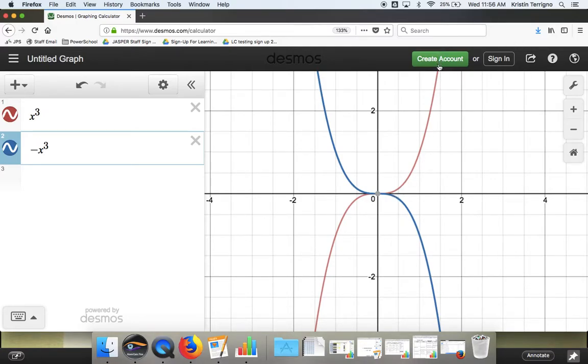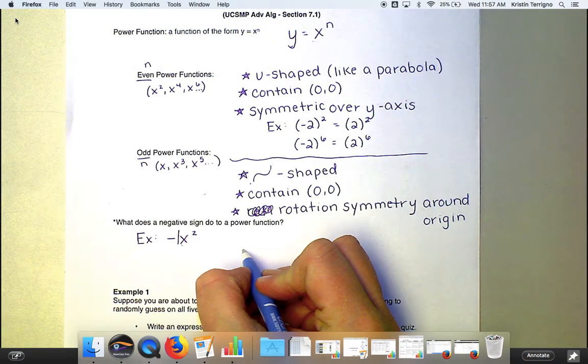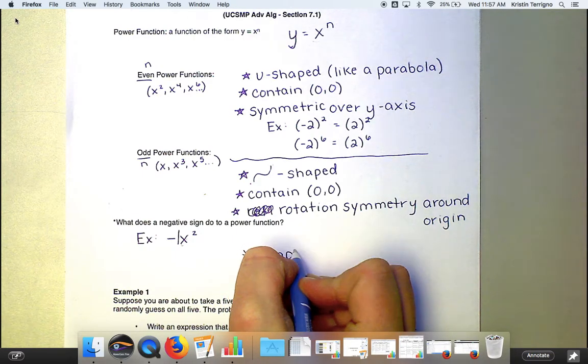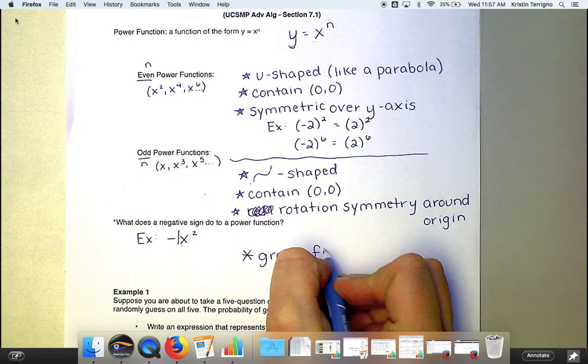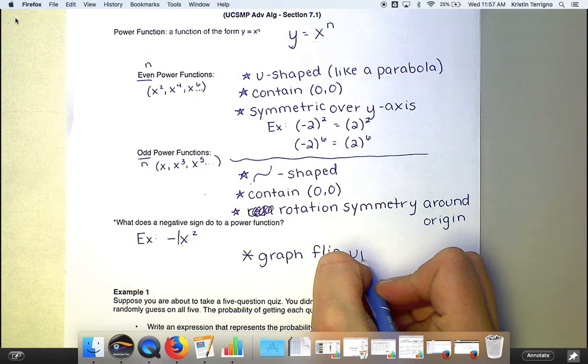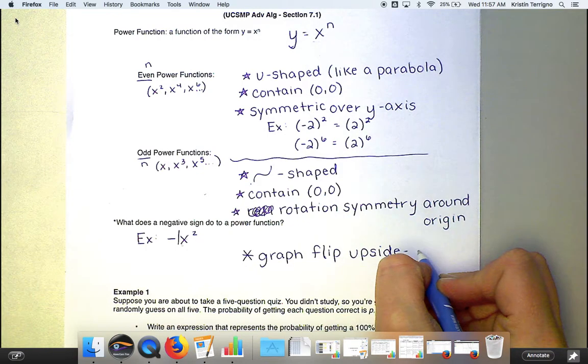This red line flipped down here, and this red line down here flipped up here. That negative sign is just making everything sign reverse. So ultimately, what you need to know is the negative sign makes the graph flip upside down. So it's going to point in the opposite direction.